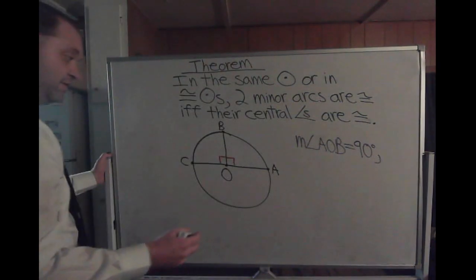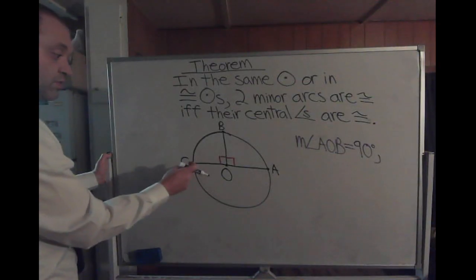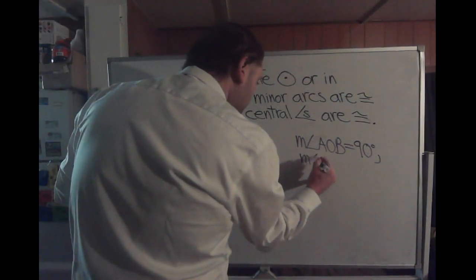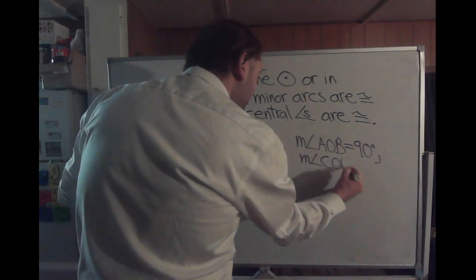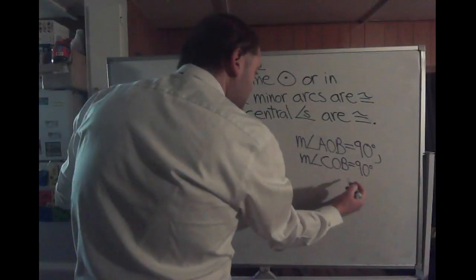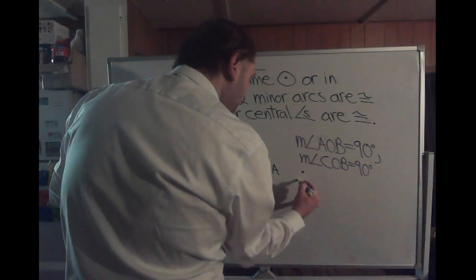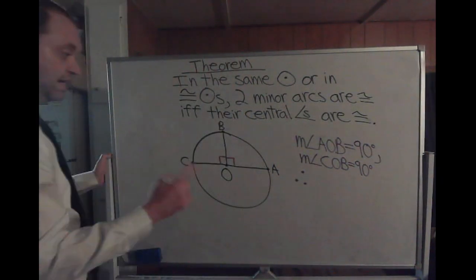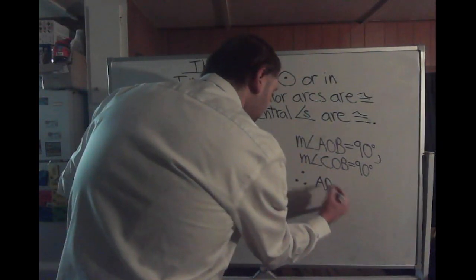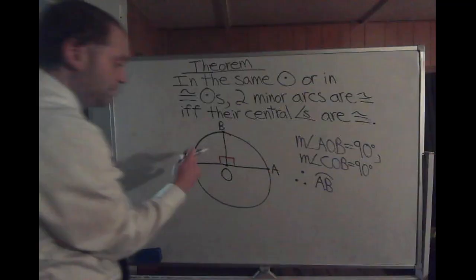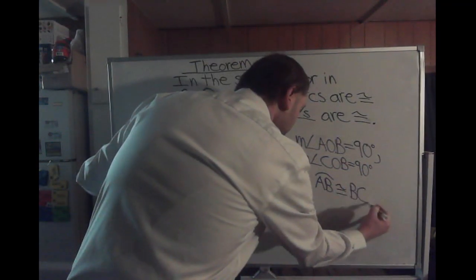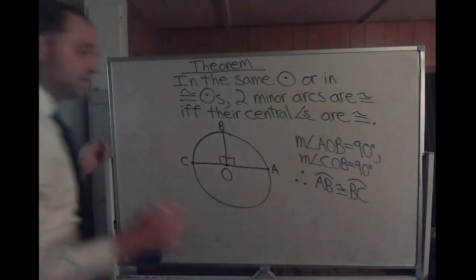We also have the measure of angle COB, which is another central angle, also equal to 90 degrees. Therefore, we can say that minor arc AB is congruent to minor arc BC. We can totally say that.